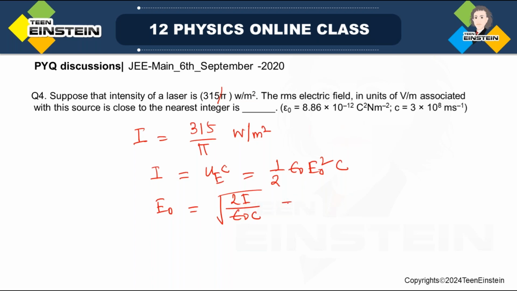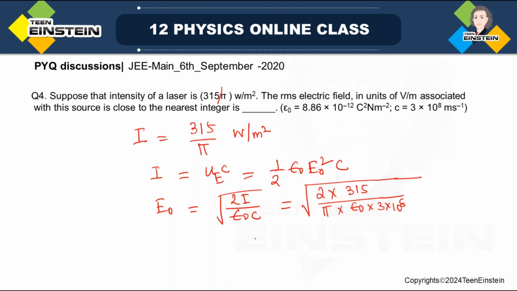So you can put the values. 2 into I is 315 over pi, I can write here, into epsilon naught C. C is 3 into 10 to the power 8 meter per second.